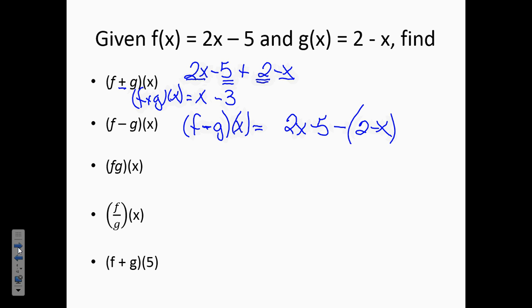The only easy mistake that you can make here is to not distribute with your negative. 2x minus 5 minus 2 plus x is going to get me 3x minus 7. After some of the work you've been doing, this seems too easy, doesn't it?